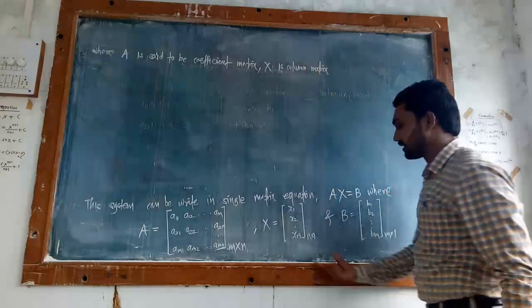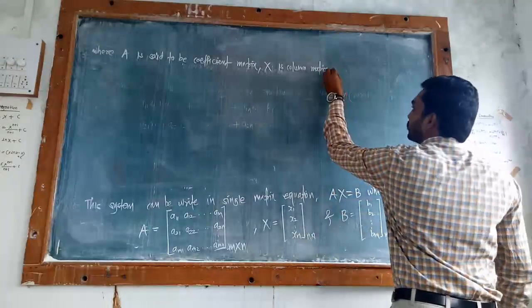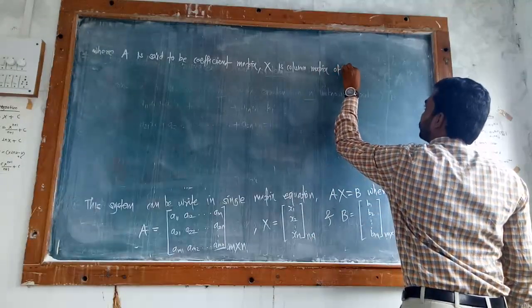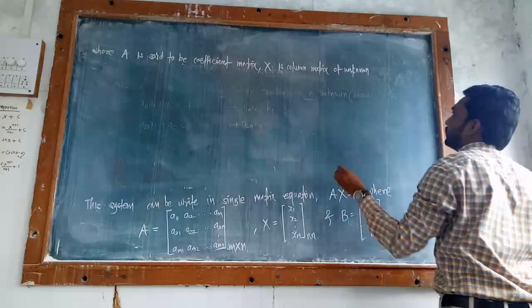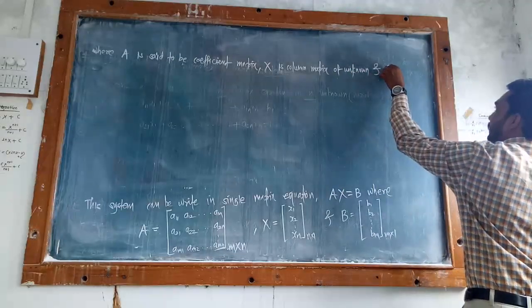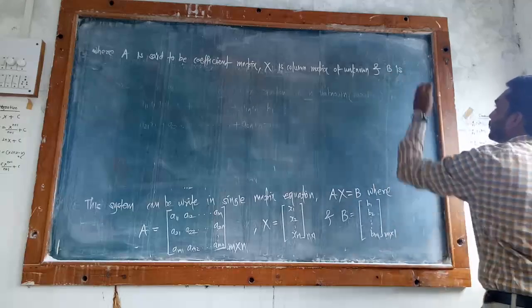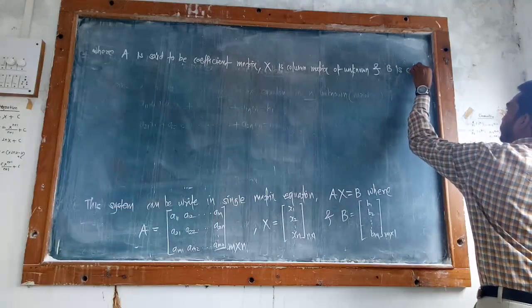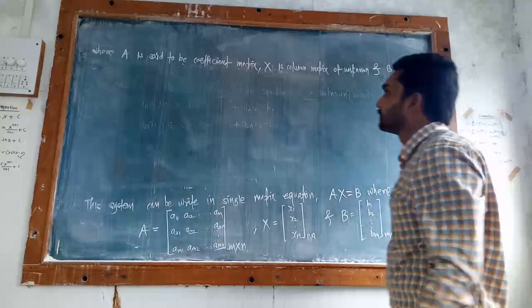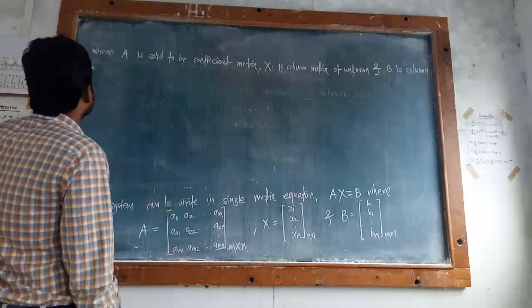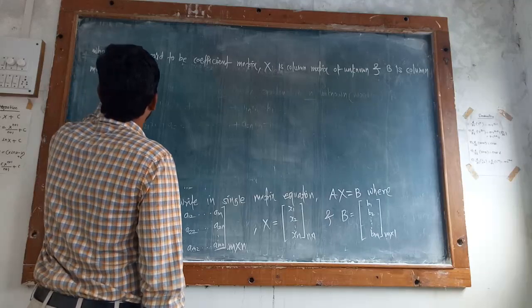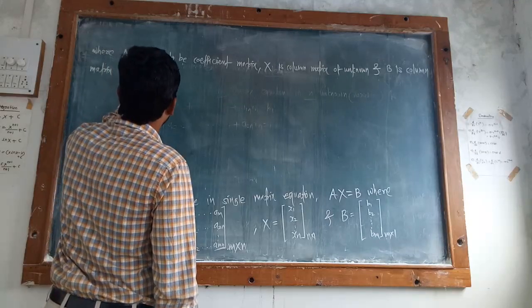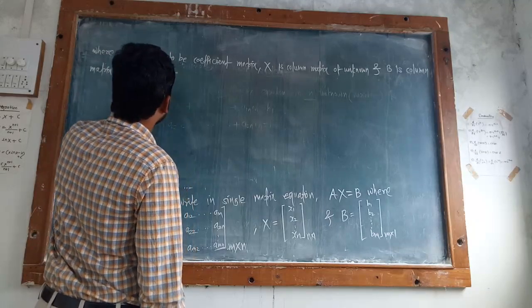Capital X is the column matrix of unknowns, the variables. And capital B is the column matrix of constants.